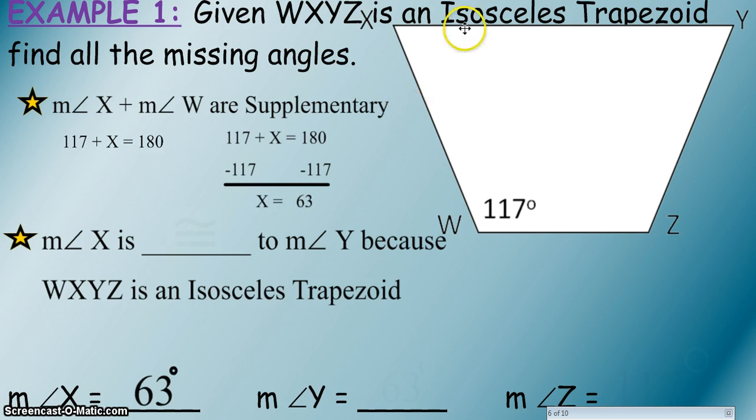Now note that it tells us that this trapezoid, WXYZ, is an isosceles trapezoid. And what do we know if it's an isosceles trapezoid? We know that the measure of angle X is congruent to the measure of angle Y. And if I know that angle X is 63, how much is angle Y? 63.